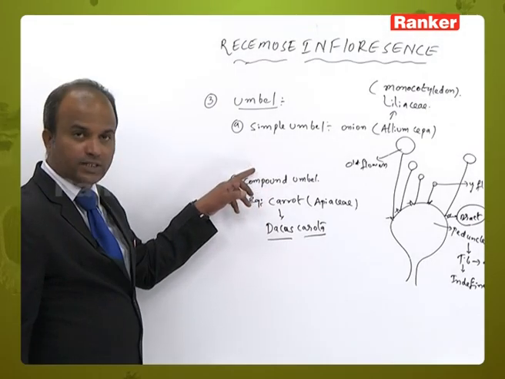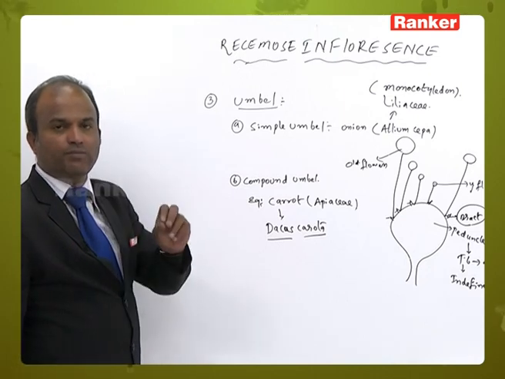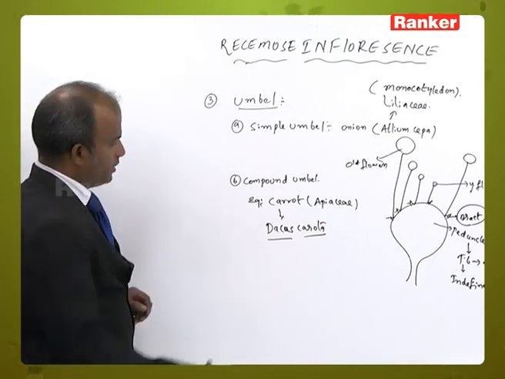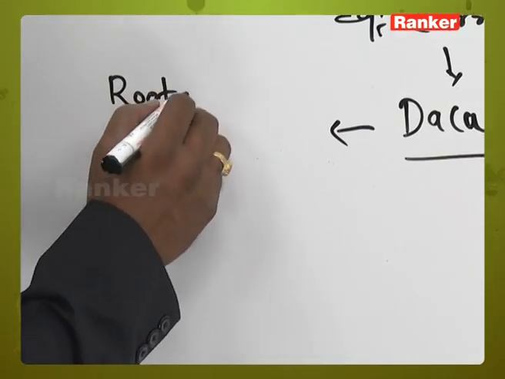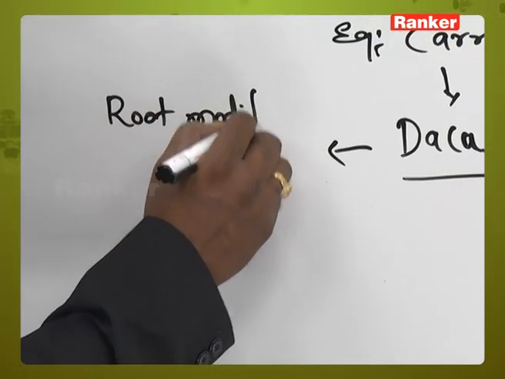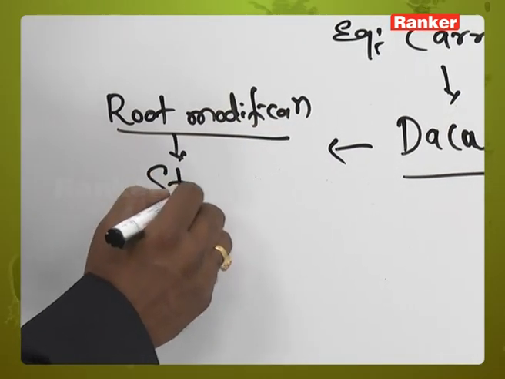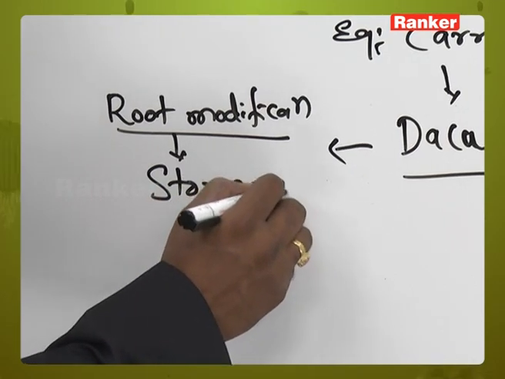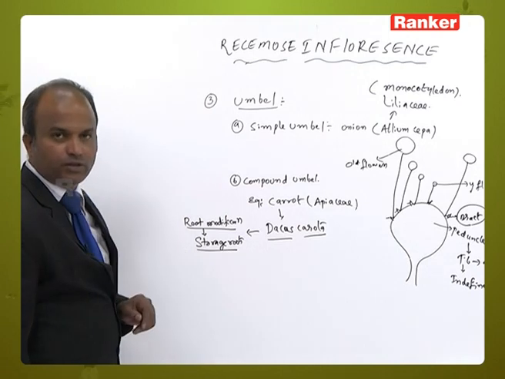It is one of the examples for compound umbel and it is also one of the good examples for root modifications. In root modifications, it is one of the good examples for storage roots.